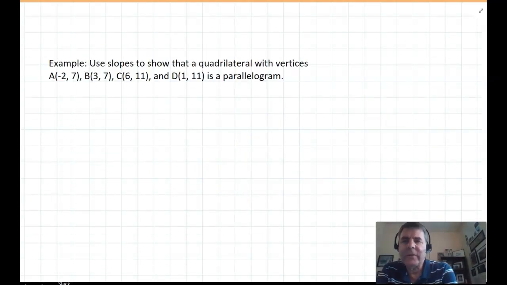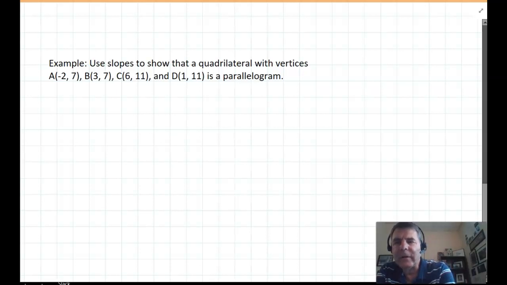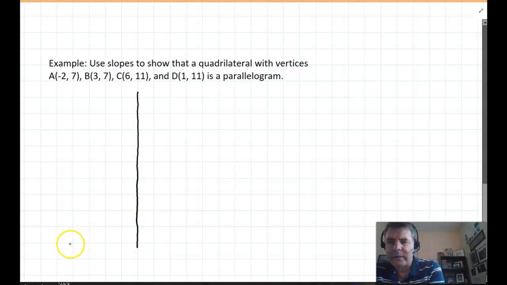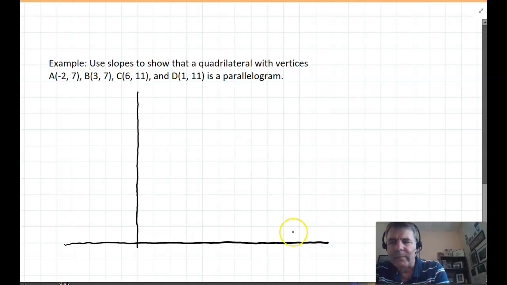Okay, use slopes to show that a quadrilateral with these vertices is a parallelogram. Let me draw my axes right here. Point A is at -2, 7. So there's -2, and then 1, 2, 3, 4, 5, 6, 7. Point B is at 3, 7. Point C is at 6, 11.